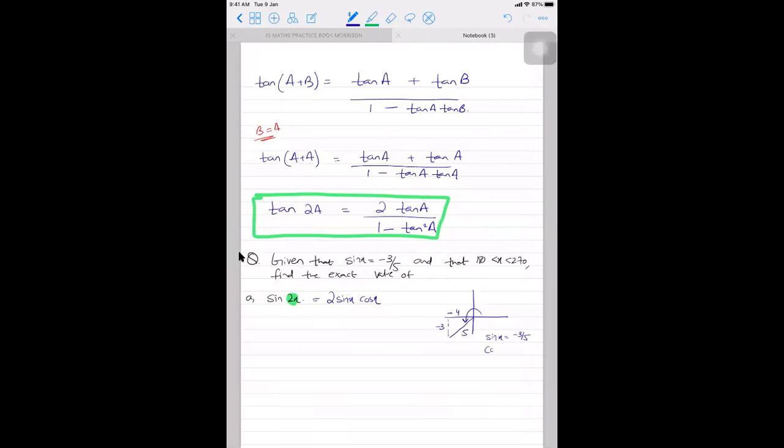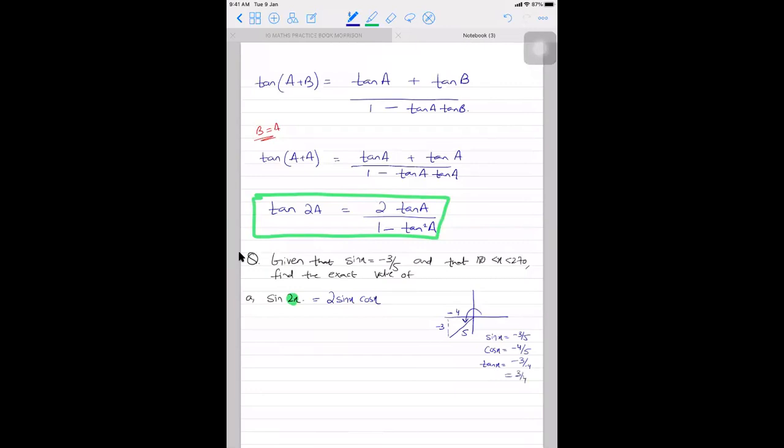So in the third quadrant, sine of x is negative 3 upon 5. What is cos of x going to be equal to? Minus 4 over 5, and tan of x is going to be equal to minus 3 over minus 4, which is 3 upon 4.